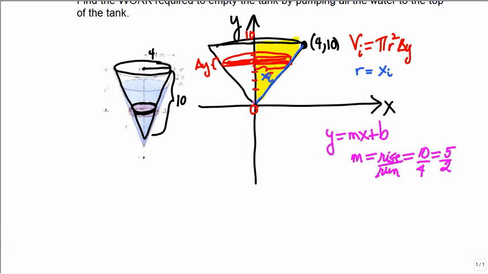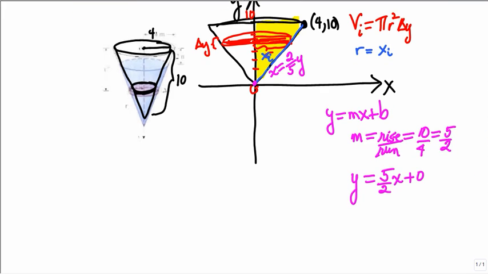And the y-intercept is where it intersects the y-axis, which is at 0. So this equation is y equals 5/2 x plus 0. Now I'm going to solve for x, and I'm going to write it as x equals 2/5 y. That's because we're going to want the x sub i.